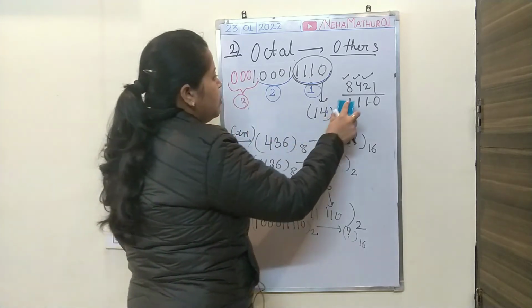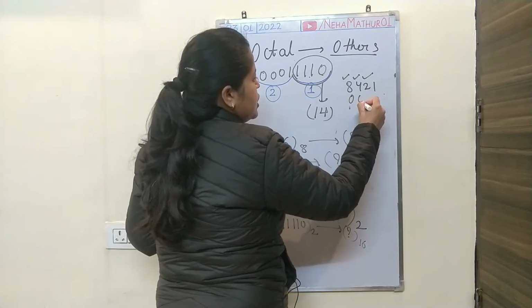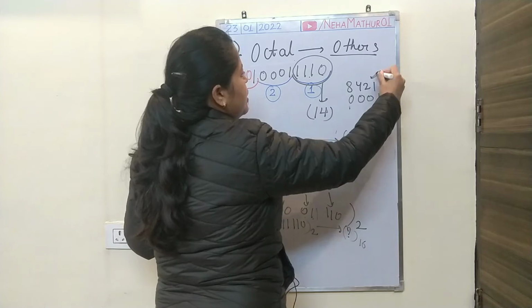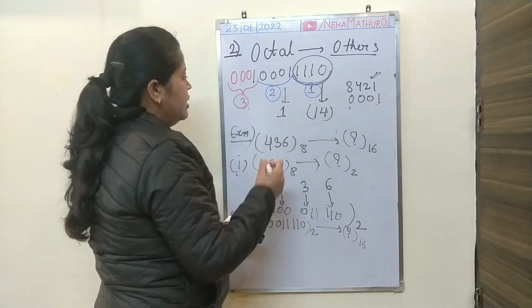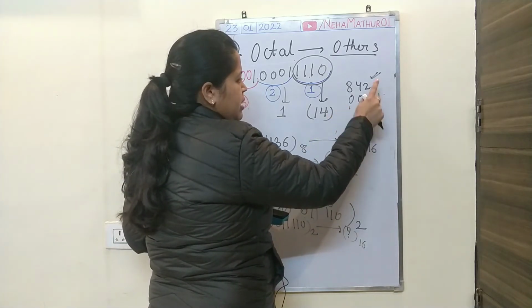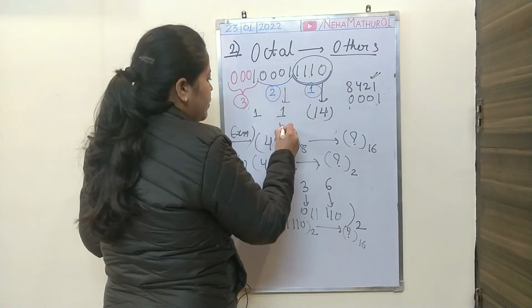Similarly, for the second group, you have 0001, which means this one is going to be used over here. So the answer will be only 1. And similarly, for the third group, you have 0001 and again 1. So your answer will be 1 1.